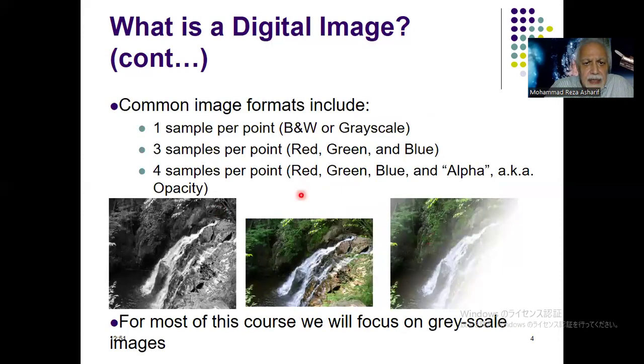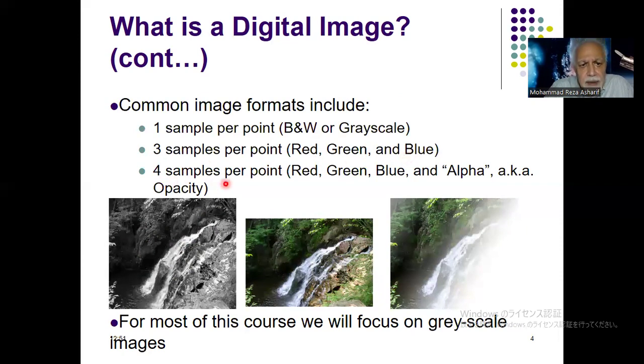For instance, the common format is one sample per point, which is black and white, gray level scale, like this. Or three samples per point, which are red, green, and blue.